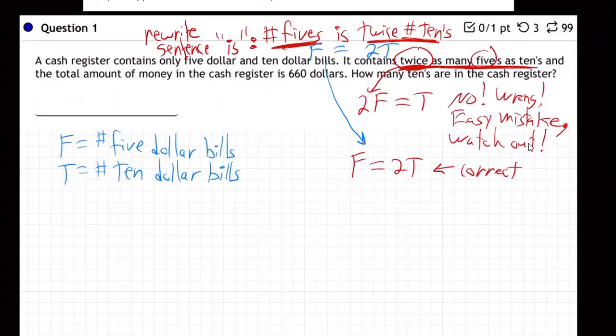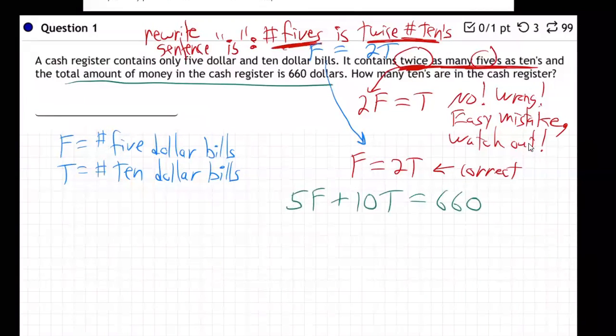Second equation, the total amount of money is $660. So that's going to be 5F plus 10T is 660, isn't it? We good there? Because remember, F is the number of $5 bills, and T is the number of $10 bills.